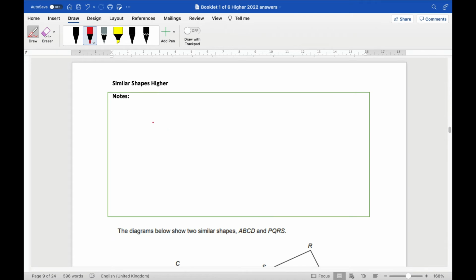The big note that I've got to say is there are 3 scale factors. A length, area, and volume scale factor. Depending which one I know, okay, depends what I do. If I know this one, then I will need to square it to get that one, or cube it to get that one.